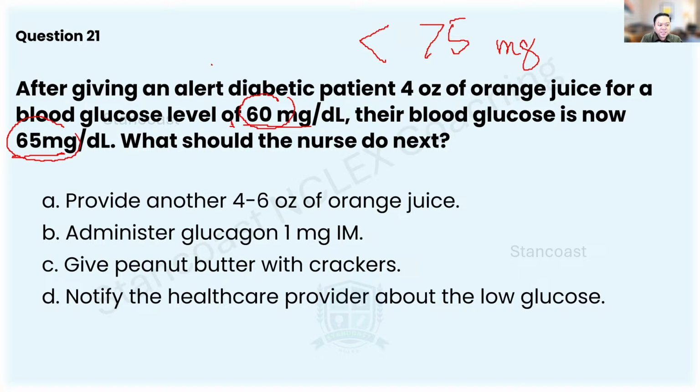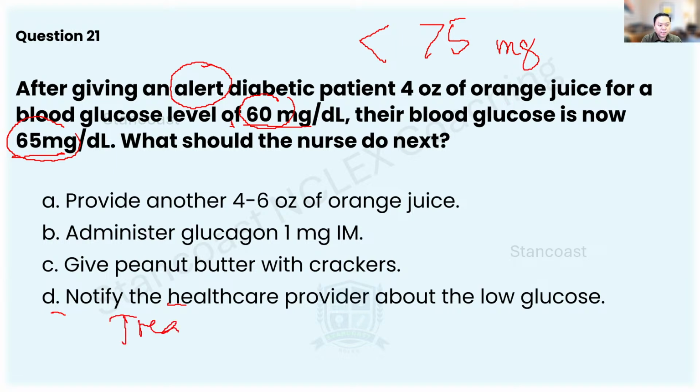The patient is alert this time. Please take note. Your patient is alert and can take oral glucose this time. So if you answered letter D, notify the healthcare provider about the low glucose, we can do the notification after we have already treated the patient. What we do first is attempt to resolve the low blood sugar.